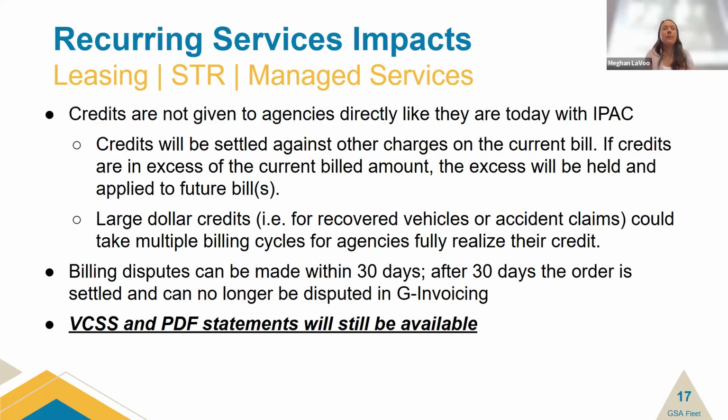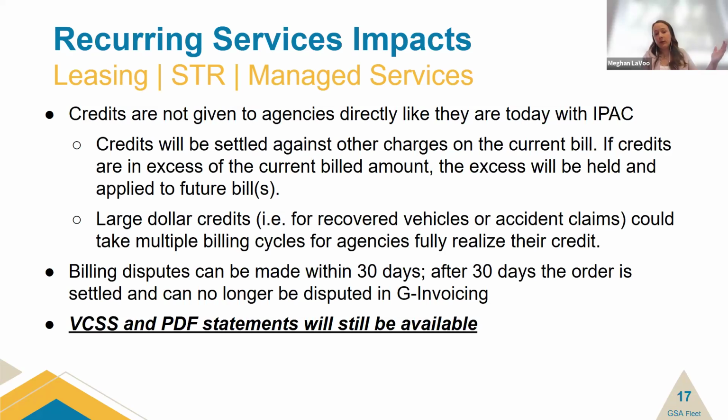One of the big reasons we do see large dollar amount credits right now in the leasing program is because of poor mileage reporting. So, for example, if you do not have telematics devices on your vehicles, you enter your mileage at the gas pump when you're refueling, and you're regularly entering just 1,000 every time you go to that gas pump, but in reality, you've only driven 500 miles.